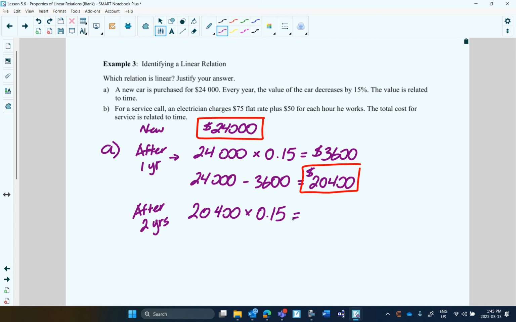That gets you $3,060. Is it linear? It went down 3,600 after the first year. Did it go down 3,600 after the second year? No, it went down a different amount. Stop. Not linear.